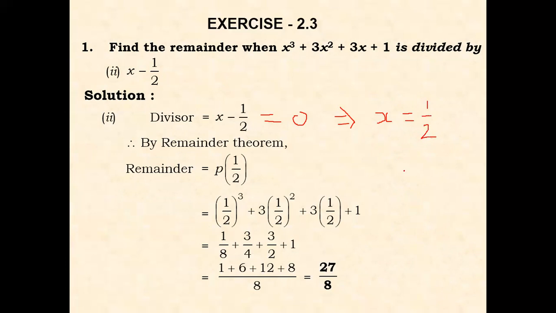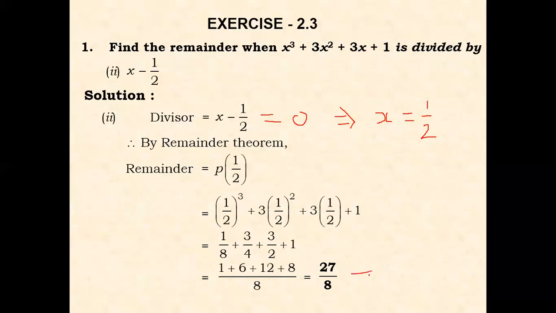Now, if you put it into your polynomial px, again you solve it. The fractional addition you can see here, exponents, we have 1 by 2 power 3, 1 by 2 square, then 3 into the value of x, 3 into 1 by 2. So we solve it, and the fractional addition, you already know how to do. The result is 27 upon 8.